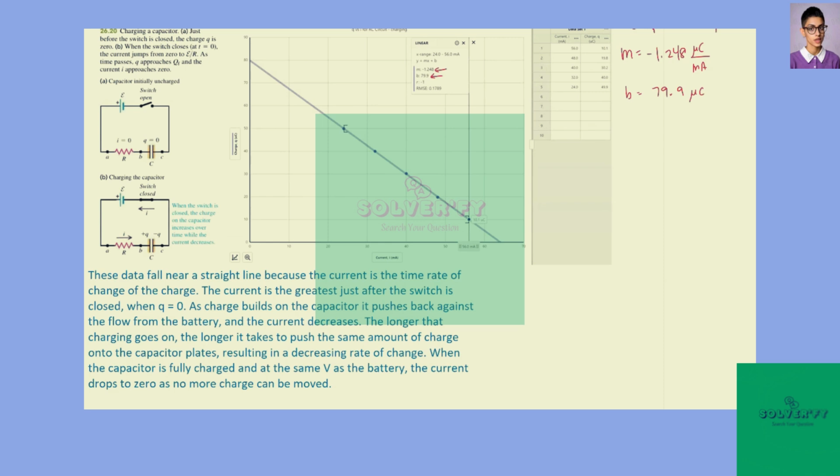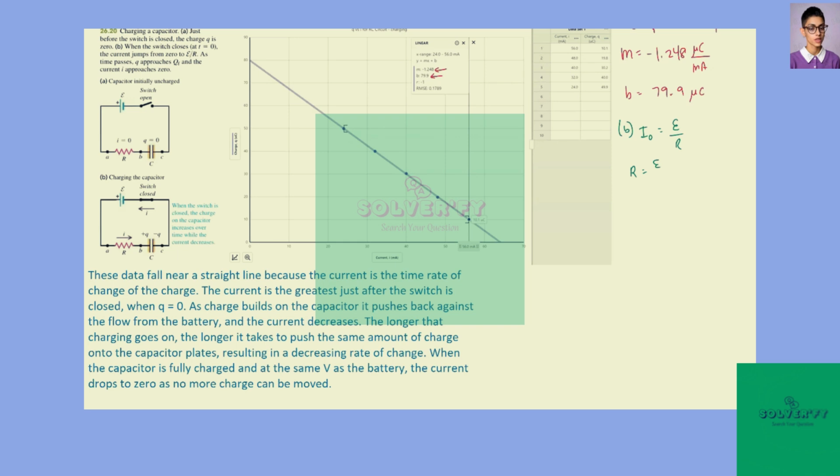Well, I actually found it easier to do the EMF of the battery first, because we need to note here in part B that our resistance of the resistor can be found from the initial current equals the EMF divided by the resistance. So our resistance will be equal to the EMF divided by I naught.